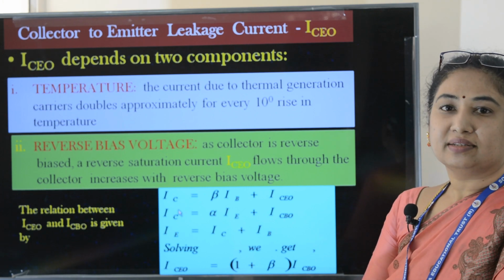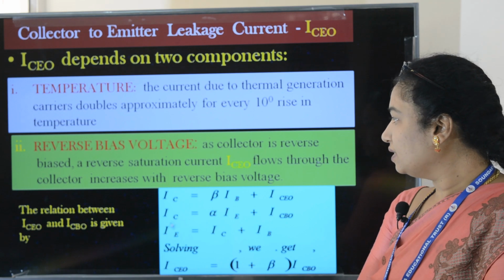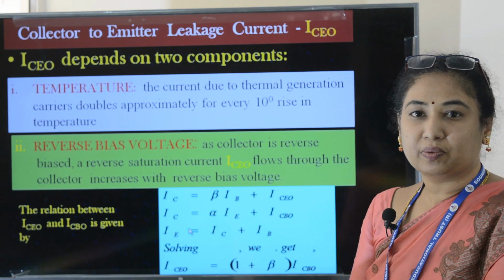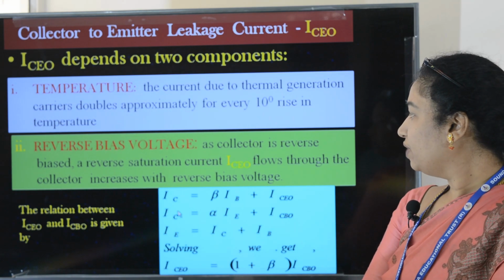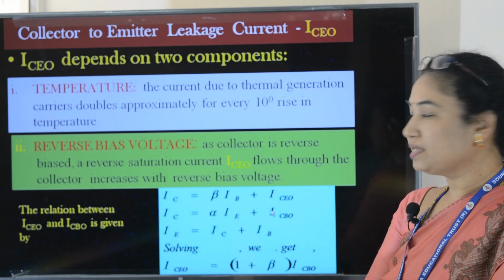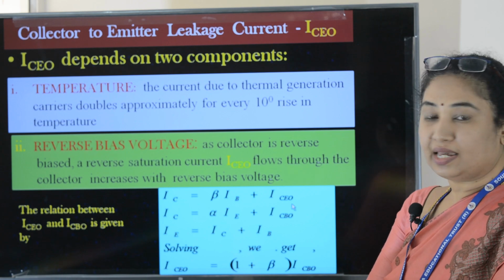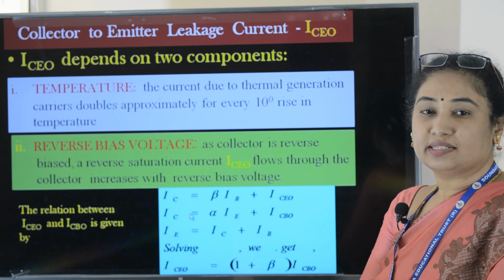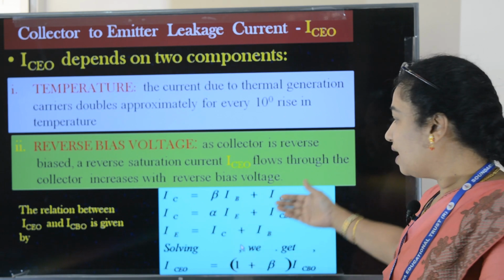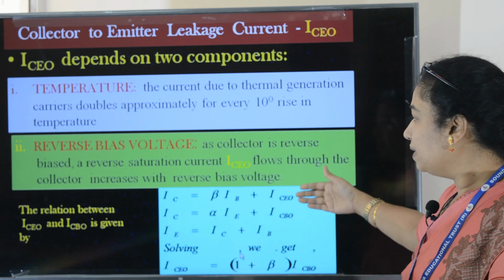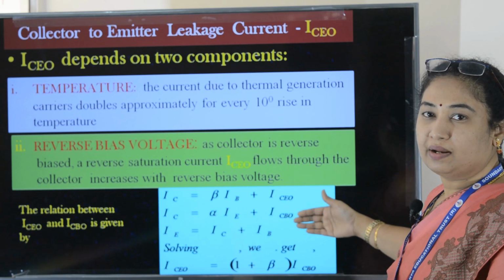So we know the transistor current equation, and we are going to find the relationship between ICEO and ICBO. Here we know IC is equal to beta times IB plus ICEO, and IC is equal to alpha times IE plus ICBO. These are the total collector currents in common emitter mode and common base mode.